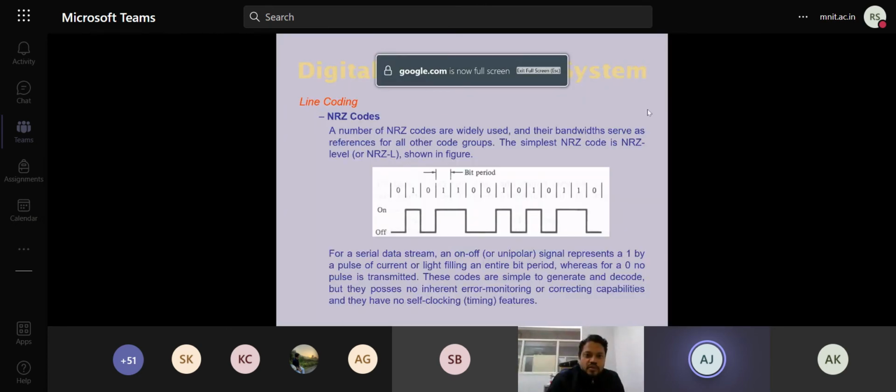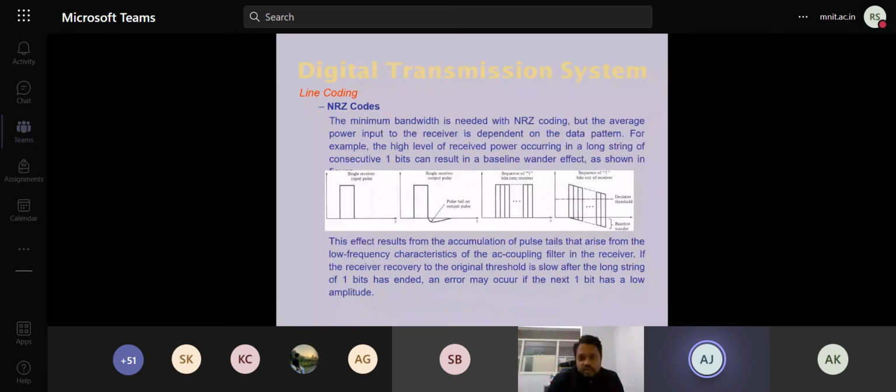There are certain problems associated with NRZ codes. If you have a continuous stream of ones, then the signal level drops, as you can see at the end here.